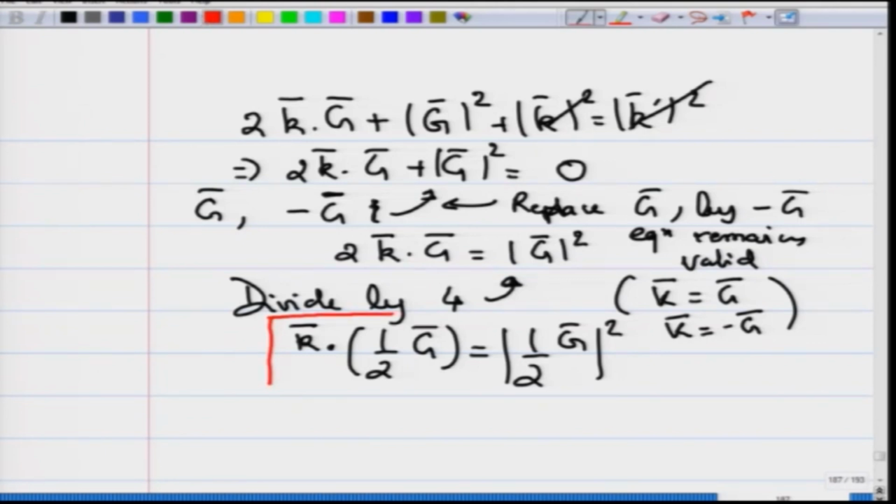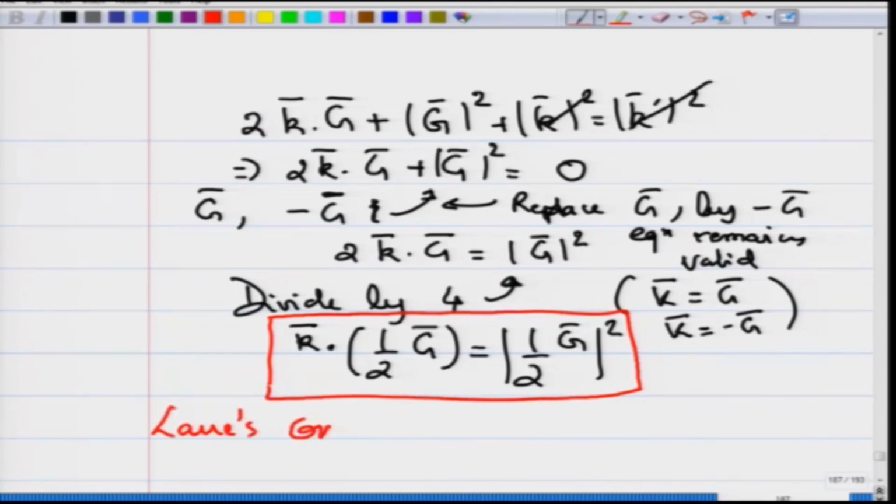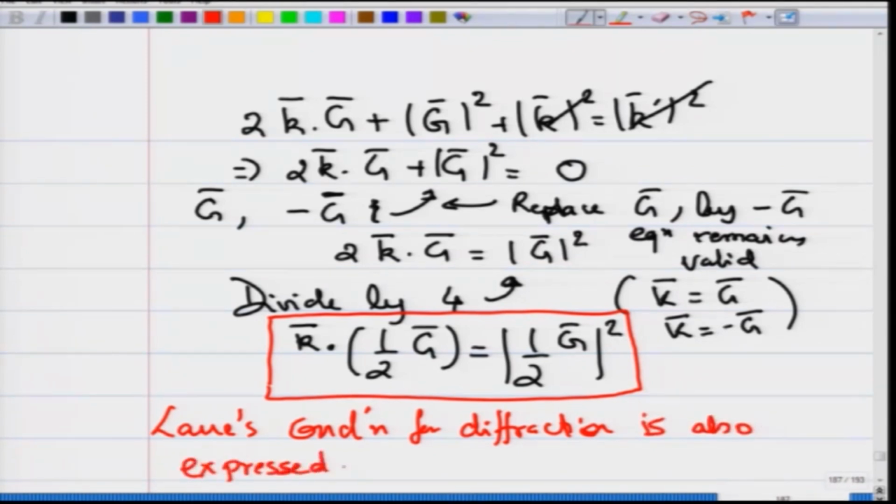So, the Laue condition for diffraction is also expressed as k dot half of G is equal to half of G whole square.